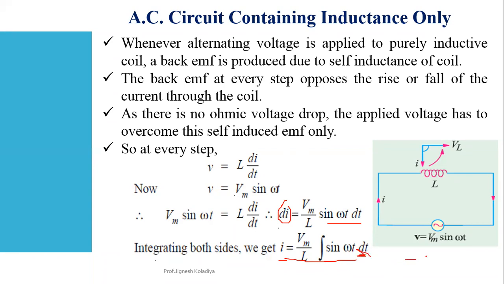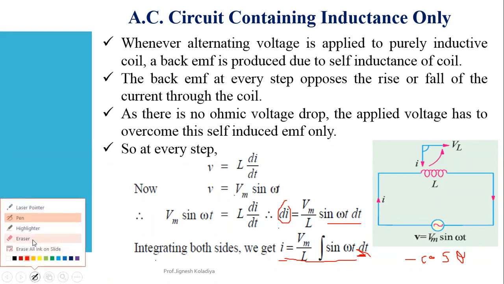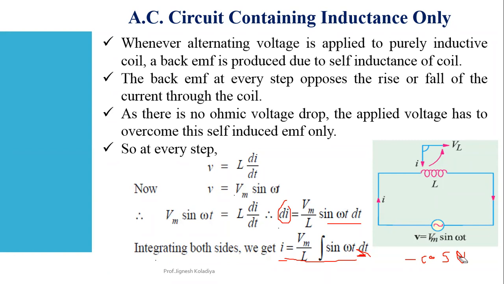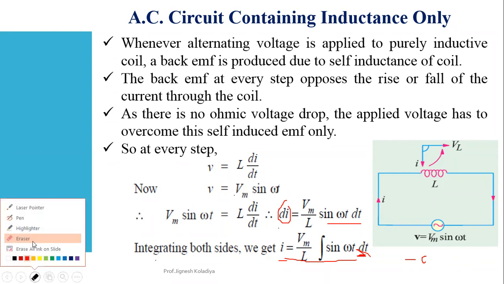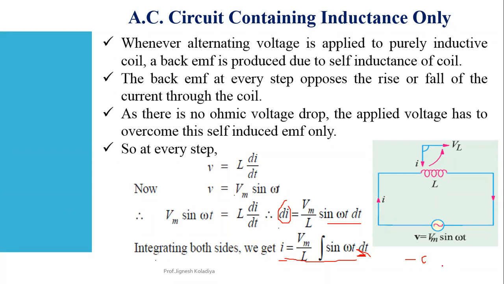So what I'm getting, final output is minus cos omega t divided by omega.